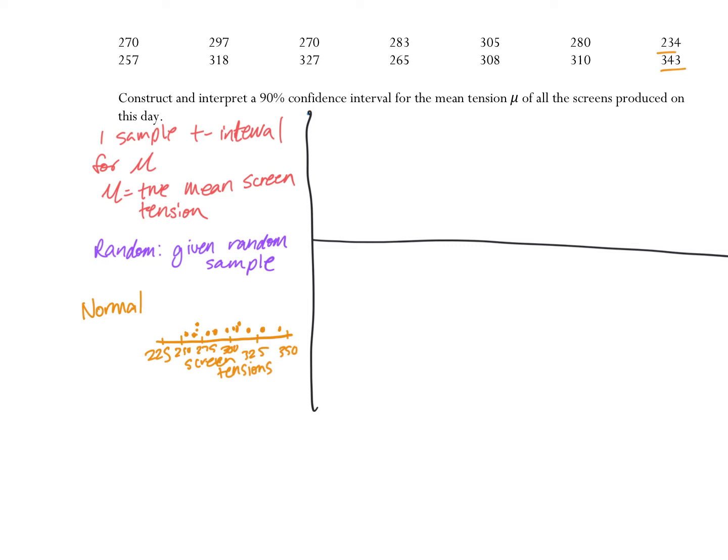All right, so we've sketched our graph, and what do we see here? Are you guys cool with saying that there's no major skewness or outliers here?